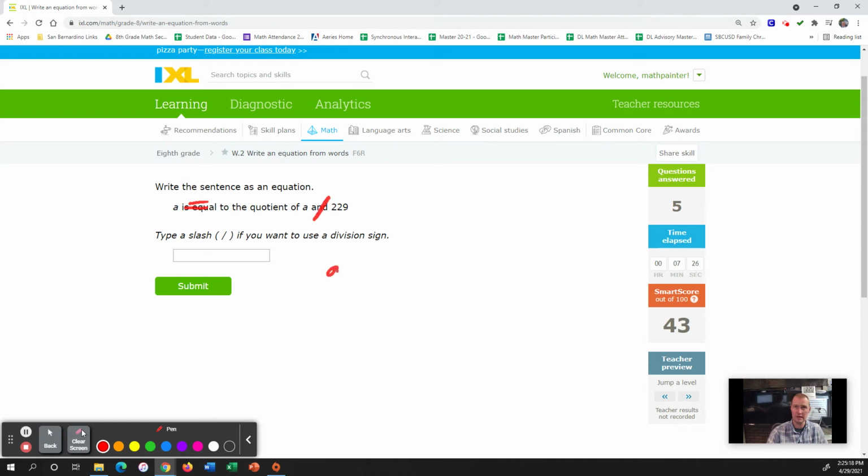So what this looks like is A equals A over 229. Now, kind of rare, you got A in there twice. A equals A over 229. Let's see. A equals, yep, the quotient of A and 229. Yeah, according to the direction, that's right. So here we go. So we're going to do A equals A divide 229.